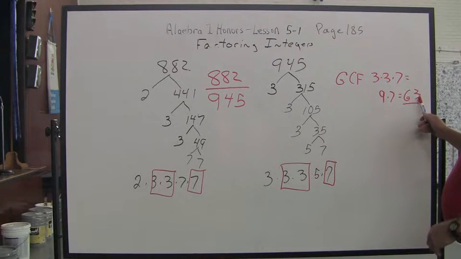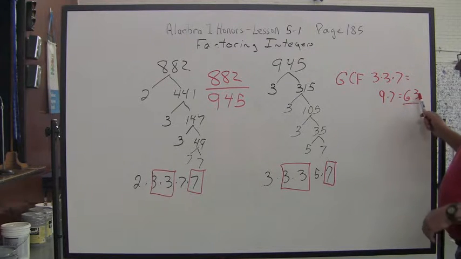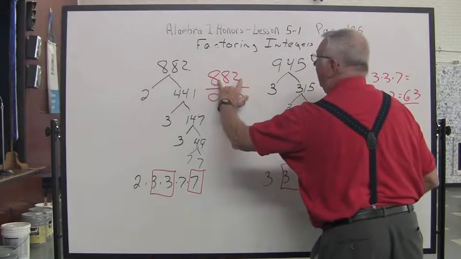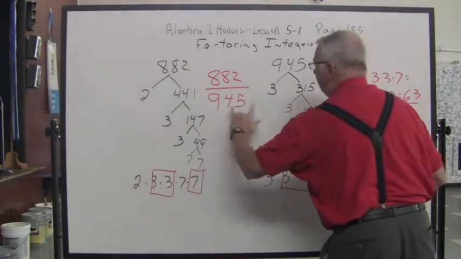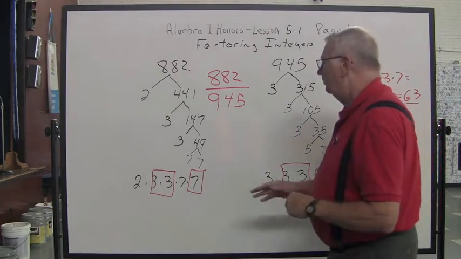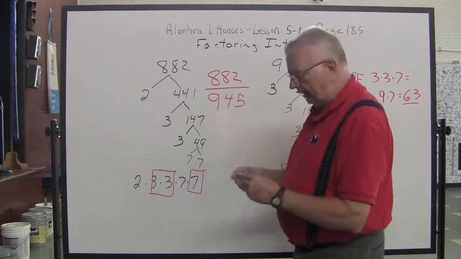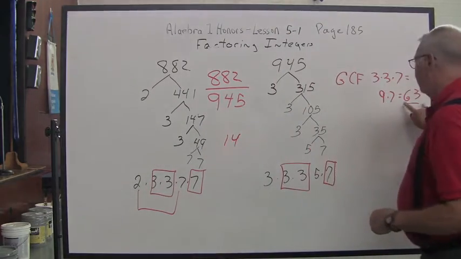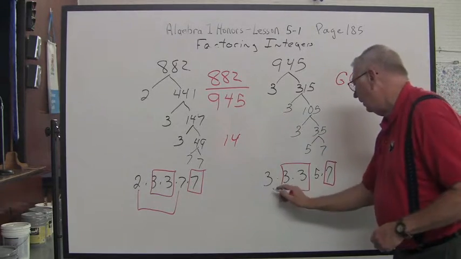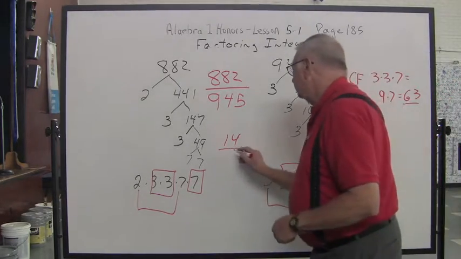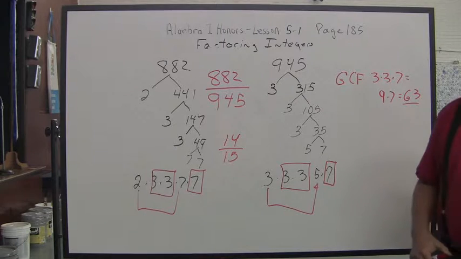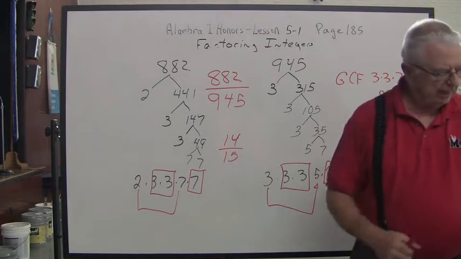Well, as soon as you got the greatest common factor to both of those numbers, you could say 63 goes into this how many times, and 63 goes into that how many times, and you'd probably find that 63 goes into 882 14 times, and 63 goes into 945 15 times. So the greatest common factor comes in handy in trying to simplify fractions.